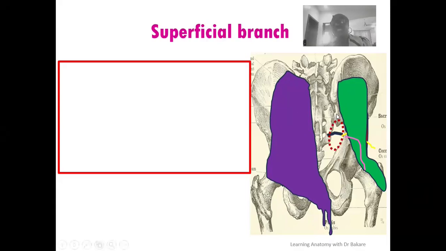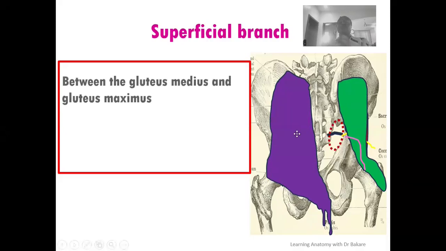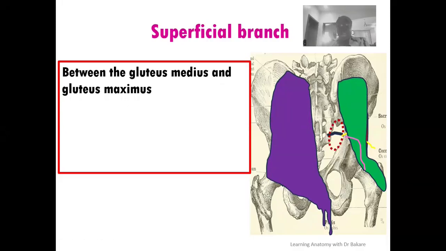But I try to use this other side of the image so as to keep this artery exposed. So you see this gluteus maximus highlighted in purple placed on top of the gluteus medius. And by doing so, we see the superficial branch of the superior gluteal artery sandwiched between the gluteus medius and also the gluteus maximus.